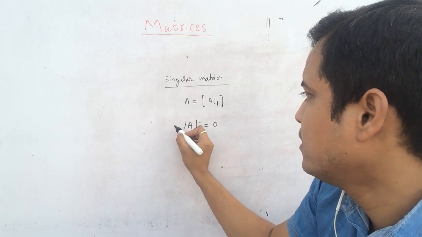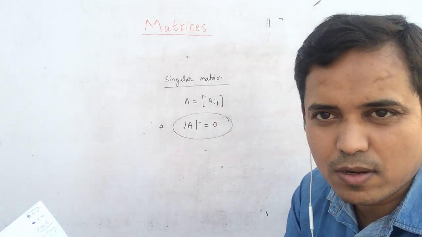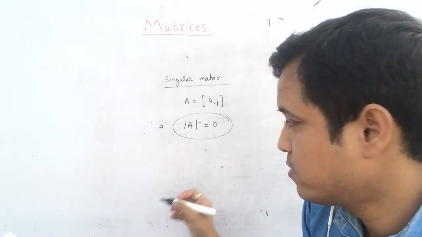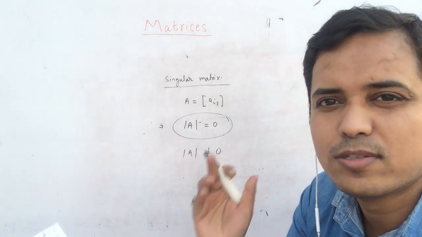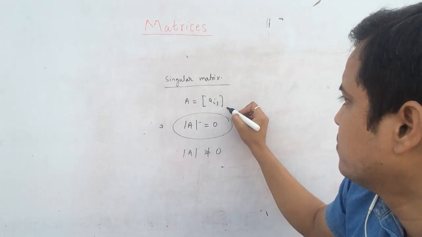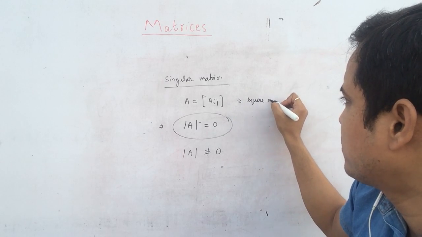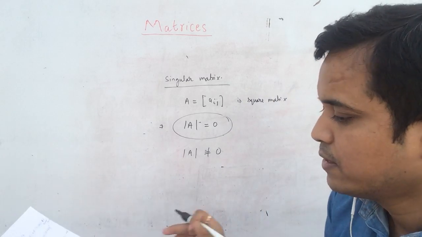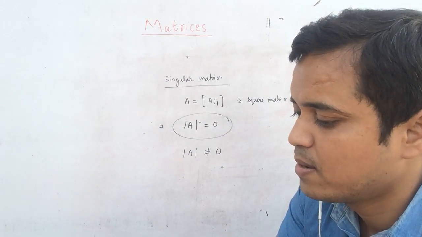If the determinant of A is equal to 0, then it is called a singular matrix. For a non-singular matrix, if determinant of A is not equal to 0, then it is called a non-singular matrix. So keep this in mind. So A is a square matrix.